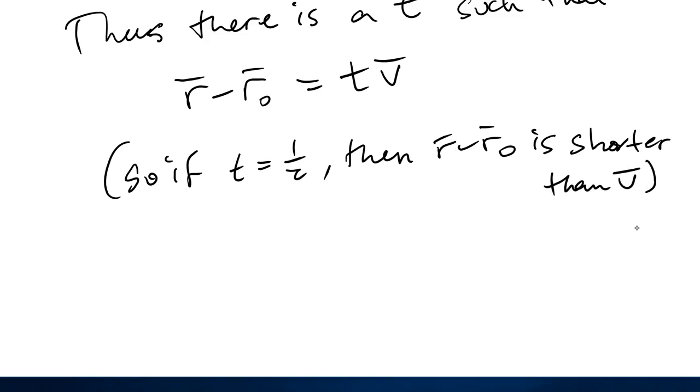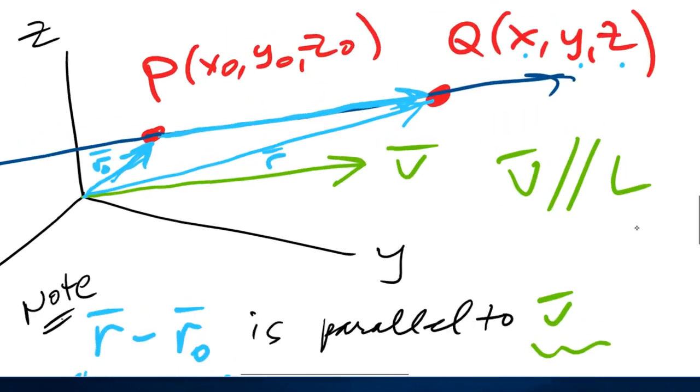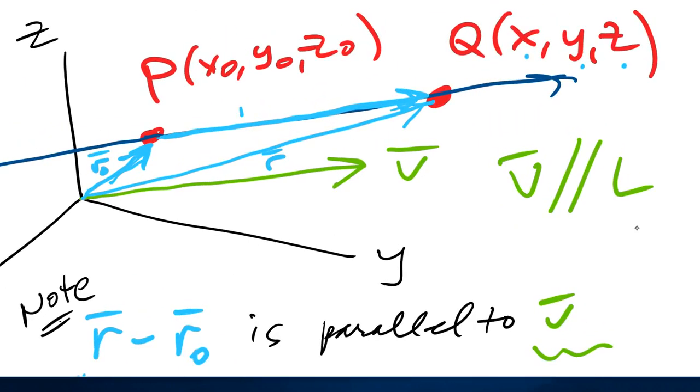Now we have this formula. What this formula gives us is this R minus R naught, which I'll draw here. If you don't understand why that's true, go back into the vector theory.